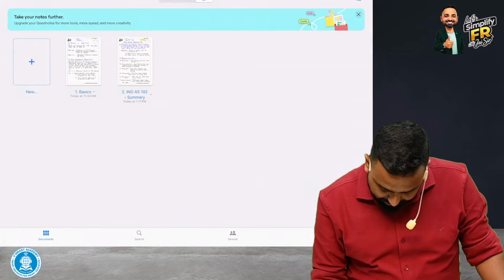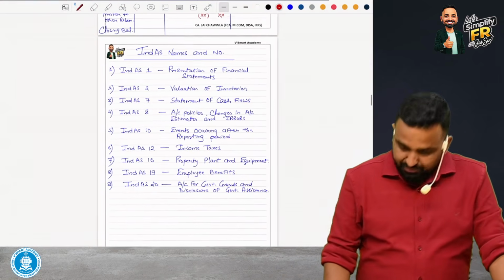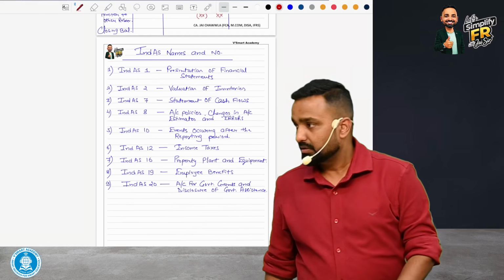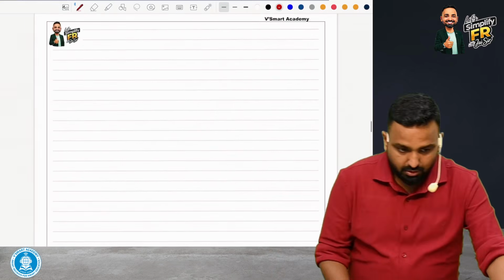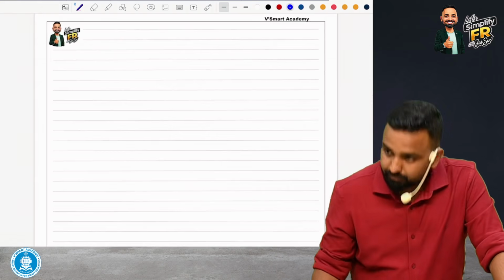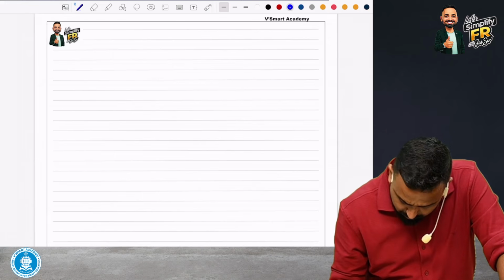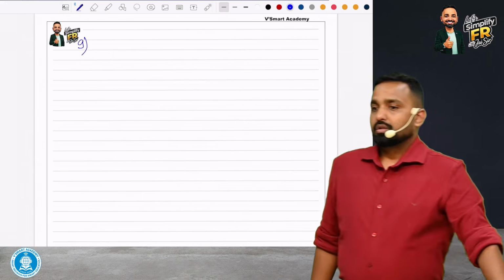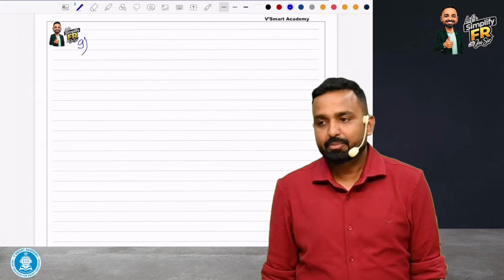Okay, I'll also write, don't worry. After leaving the pages for Ind AS, point number 9. We haven't given any point to formats.